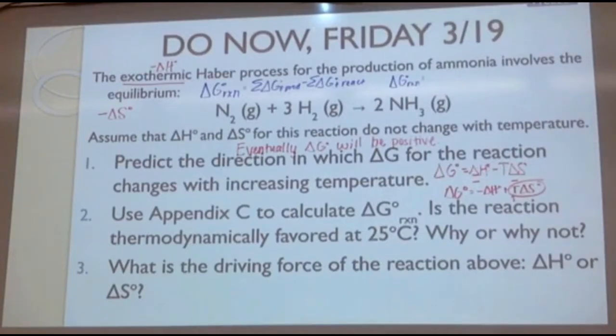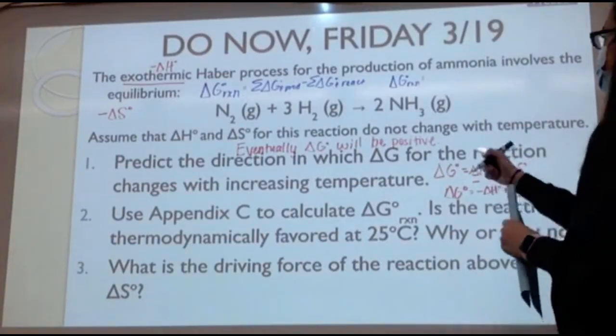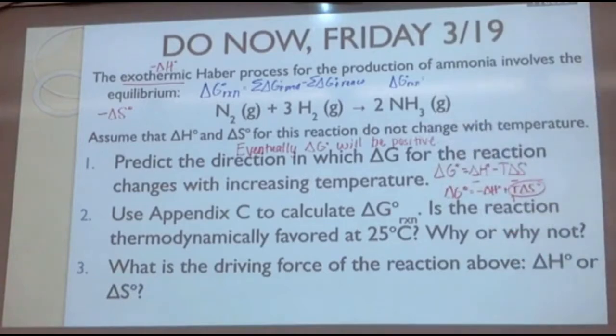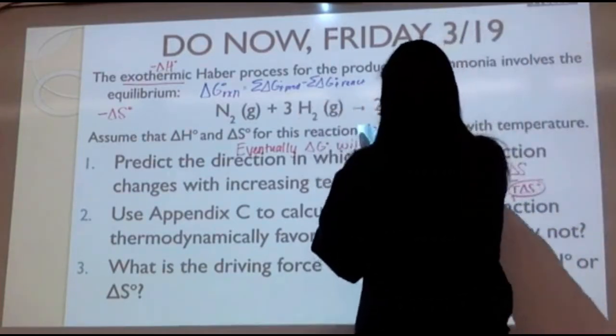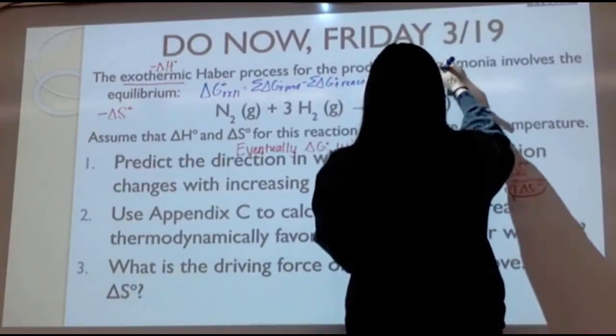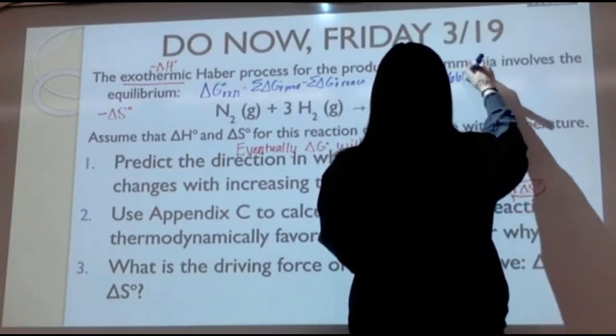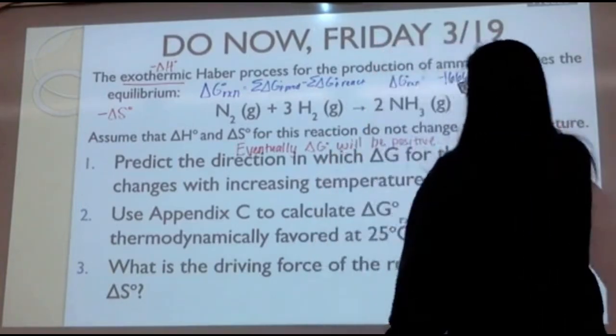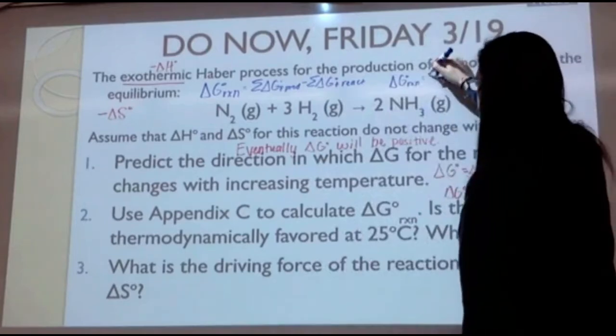And notice there's two NH3s. There's aqueous and there's gas. We're looking at gas. So NH3 gas has a delta G of formation of negative 16.66 kilojoules per mole. Remember, you have to take into account coefficients.